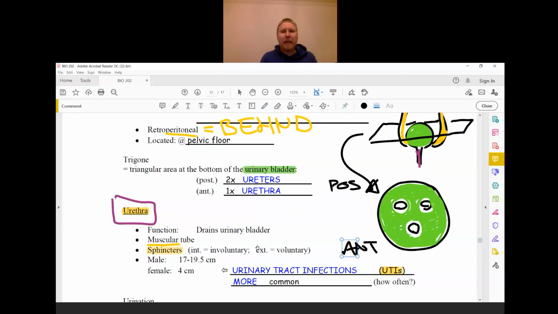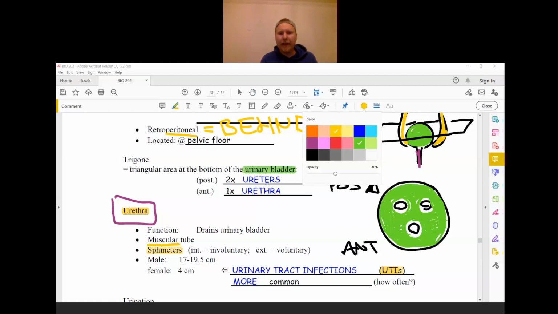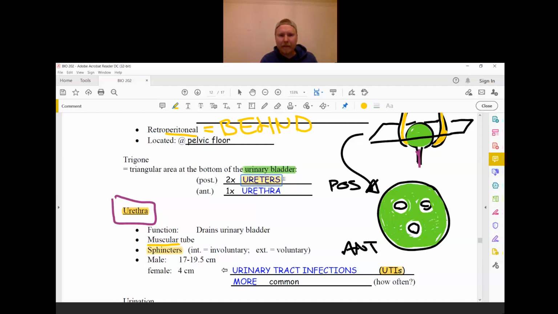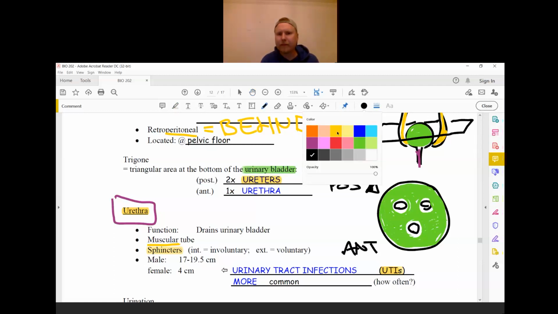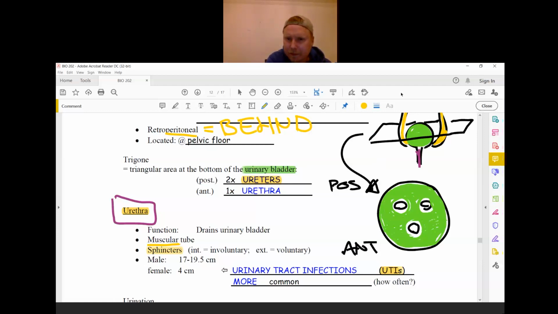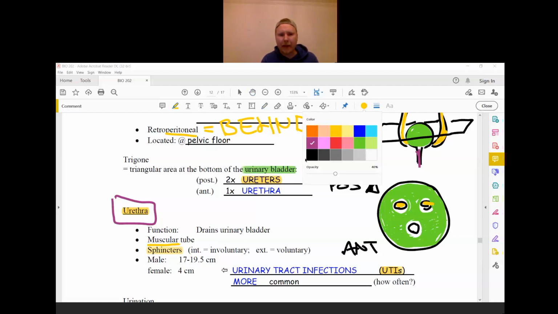The three openings are: two of them, the more posterior ones, are our ureters, and the more anterior one is our urethra.